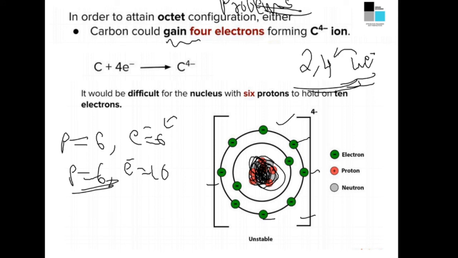So the protons in the nucleus would find it very difficult to hold such 10 electrons. Due to energy considerations, the nucleus is unable to hold 10 electrons. So carbon cannot gain 4 electrons.